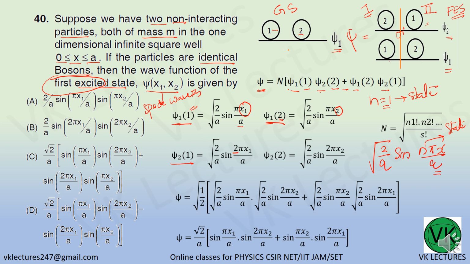Similarly, psi 2 of 2 means under root 2 by a sine 2 pi x2 by a. So we got psi 1 of 1, psi 2 of 2, psi 1 of 2 and psi 2 of 1. Now we need N.